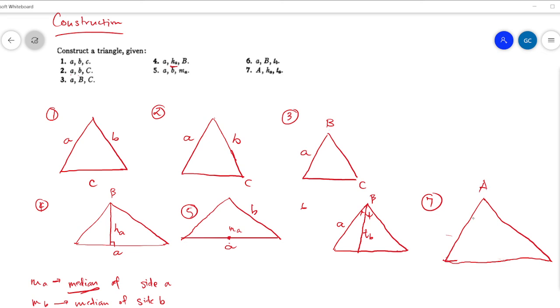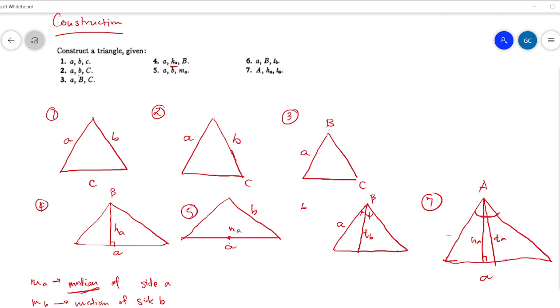If this is vertex A, this is side A. If we are to draw the height, let's say this is straight, so I'm just getting the perpendicular line. And for the TA, so this will be HA. So for the TA, again, we need to measure this angle. Once we get the average of that, or just divide it by 2, we just need to draw a line here that bisects that angle. Okay, so we have here our TA or our internal bisector A.